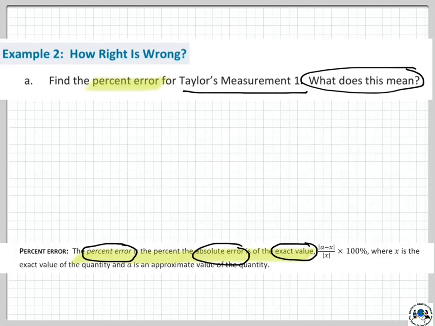It's relative because if that quarter inch error was made for something 5-6 feet long, let's say, 1/4 of an inch out of 72 inches is not that extreme.